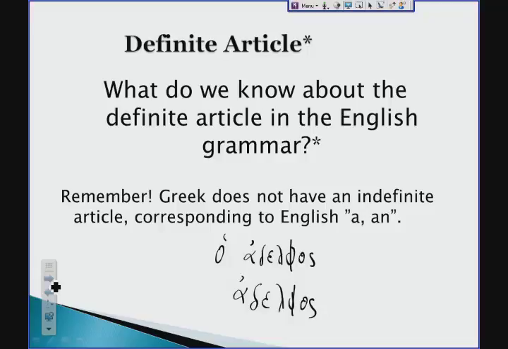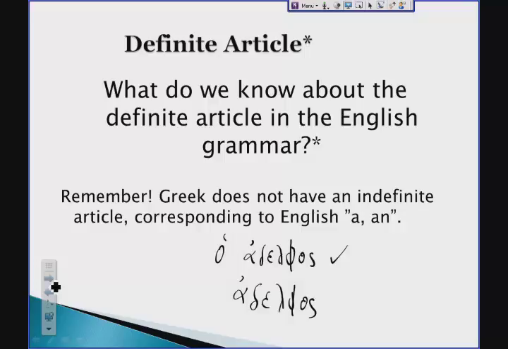The brother. The first one is definite. We know the person we are talking about. But the second one, without the definite article, is indefinite. A brother can be a certain brother, and we don't know much about him. Indefinite. Okay. So that's the difference.